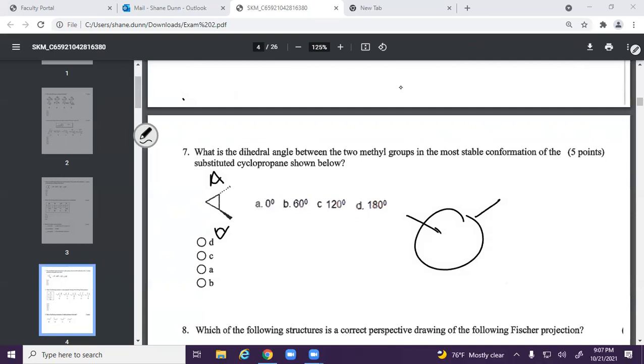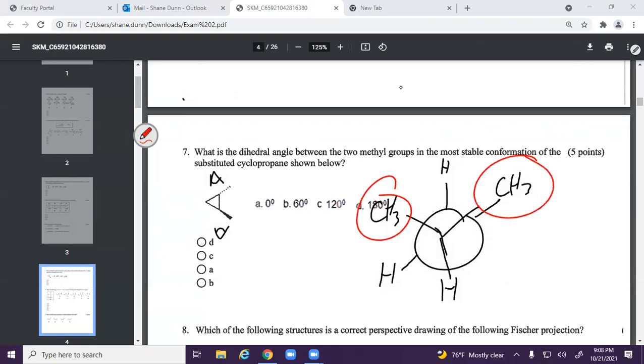Which means it's going to go here, here, and here. H, CH3, H, CH3, H. How far away are they? 60, 120, 180? They're 120 away. Does it make sense, Zoomies?